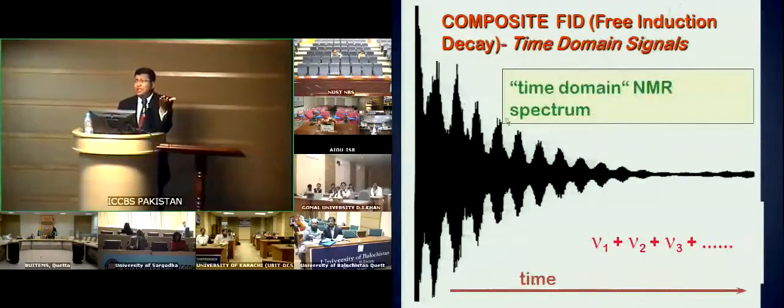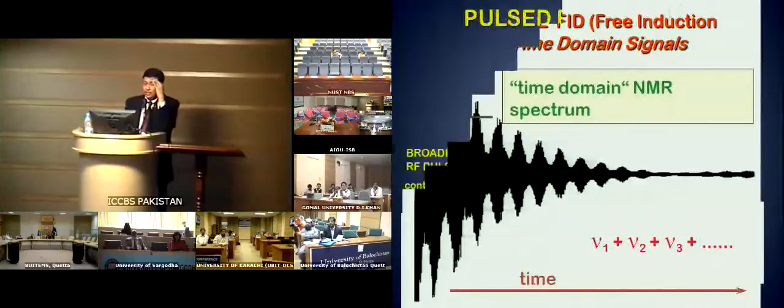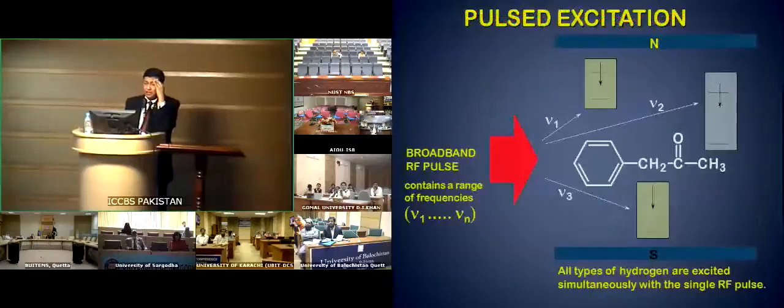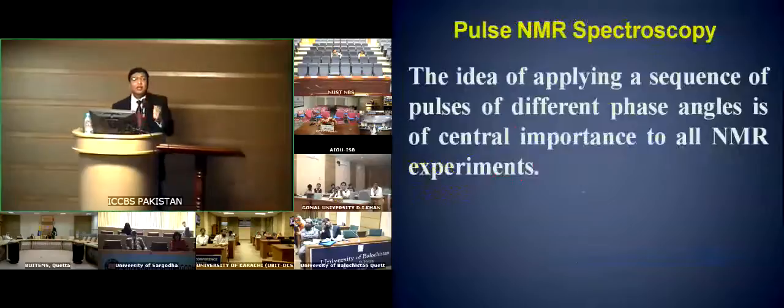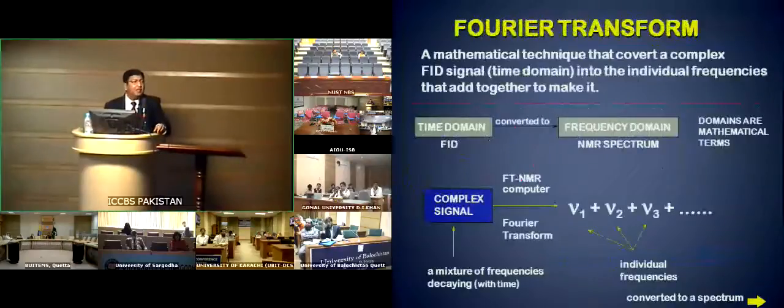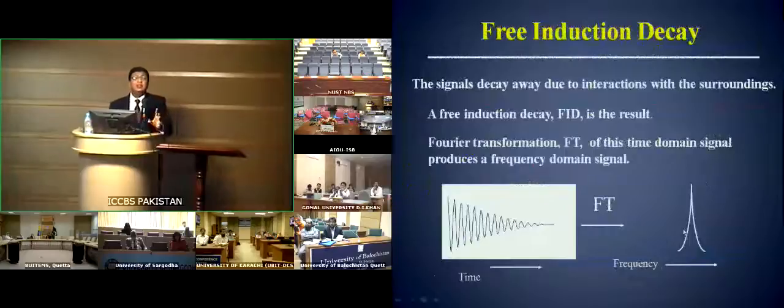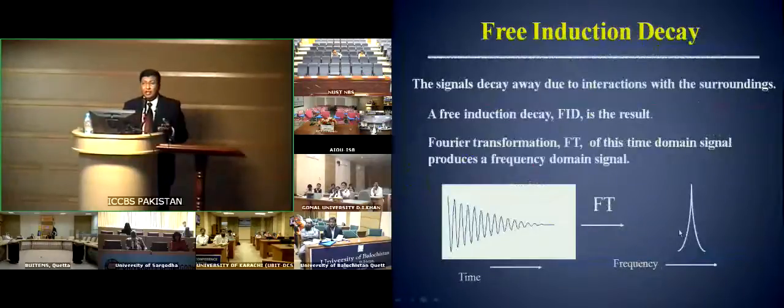You're not happy with it, right? You don't like it. Therefore, a long time ago, somebody said we need to do something. We need to convert this time signal into a frequency signal, which is easy to interpret in a conventional way.